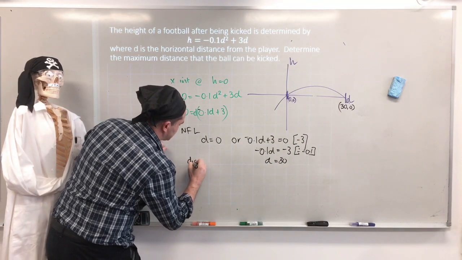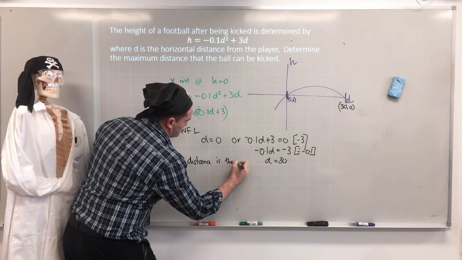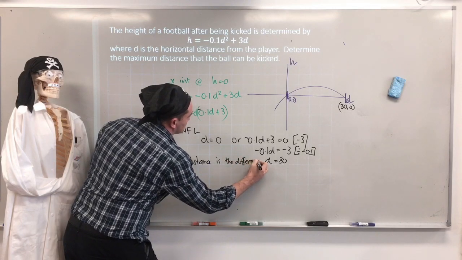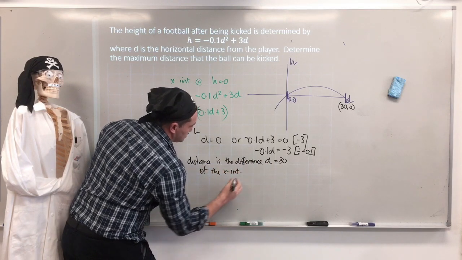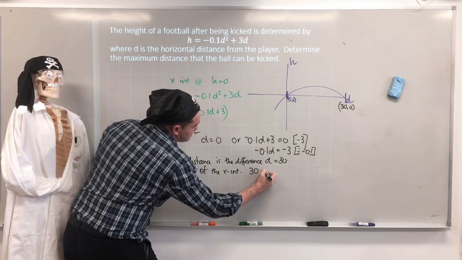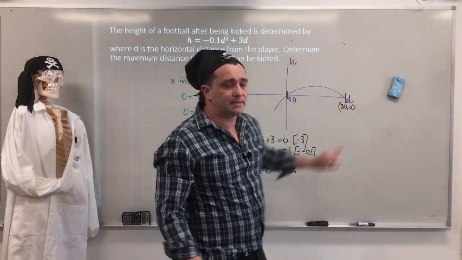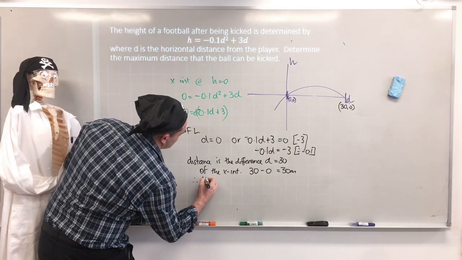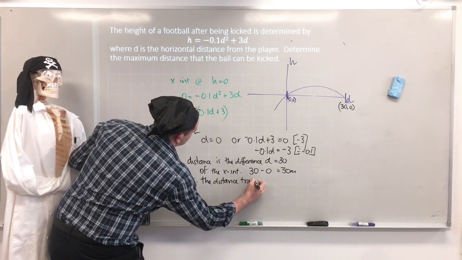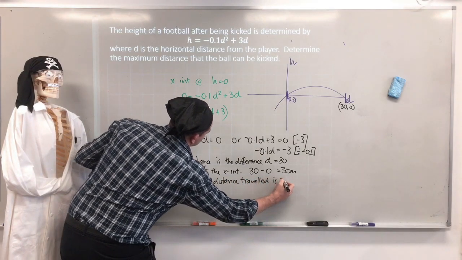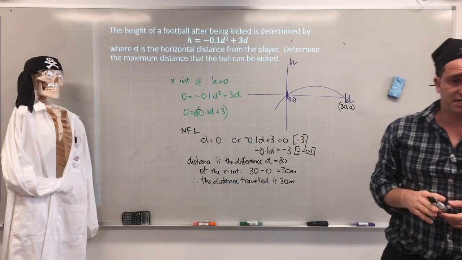So the distance is the difference of the x-intercepts, so it's going to be 30 minus 0. We're going to kick the ball 30 meters. Therefore, the distance is 30 meters.